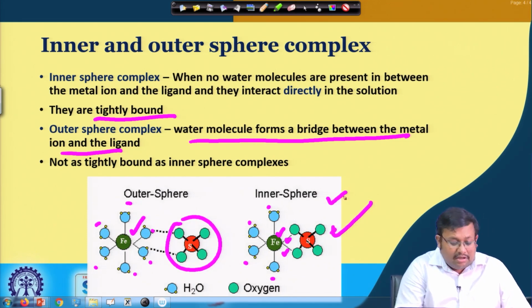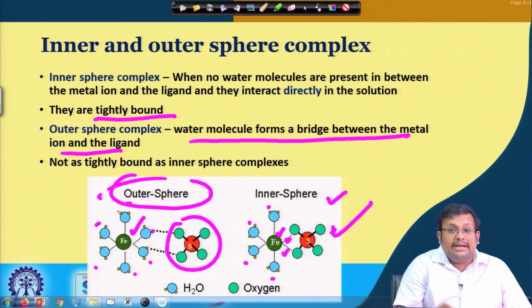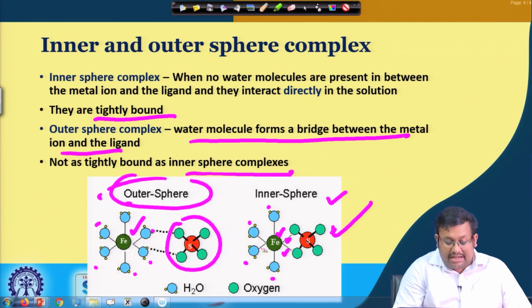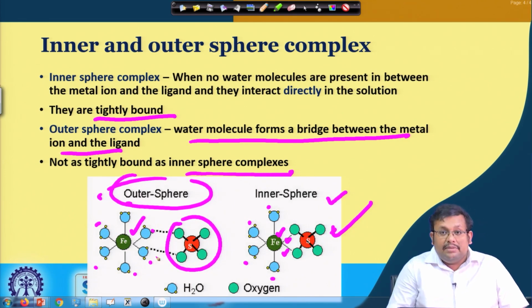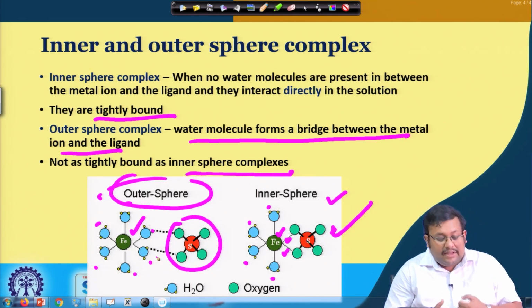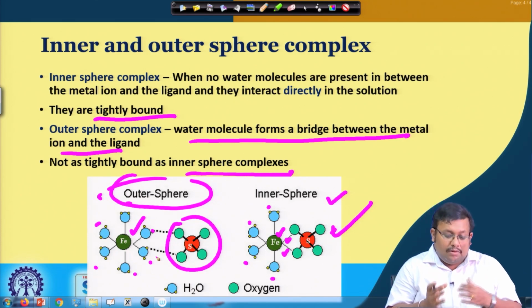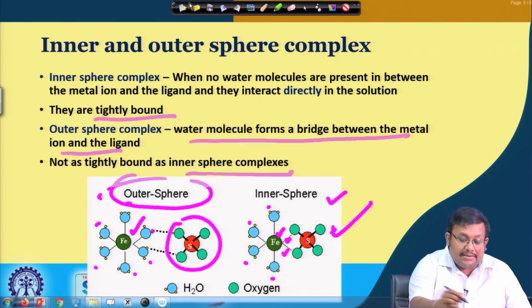So, this is the inner sphere complex and this is the outer sphere complex. Remember, outer sphere complexes are not as tightly bound as inner sphere complexes, because in inner sphere complexes the bond is directly between the ion and the ligand. However, here the water is acting as a bridge. So, obviously, the binding strength varies from inner sphere complex to outer sphere complex.